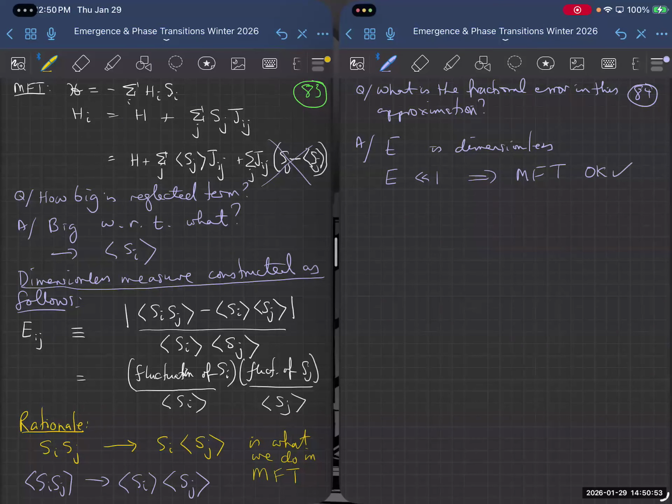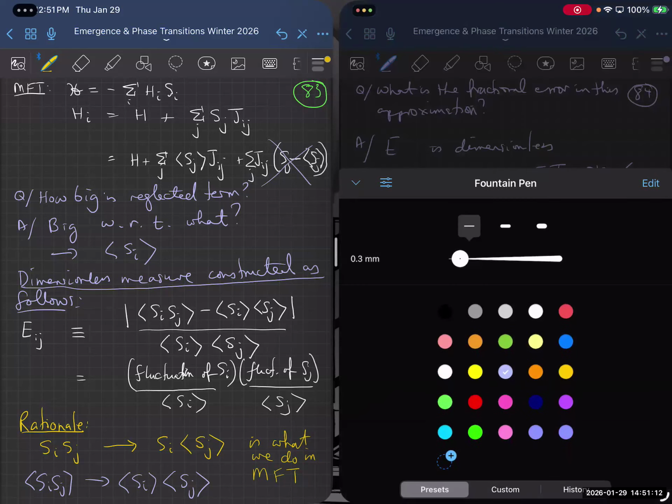So that's good. On the other hand, if E turns out to be much larger than 1, then that means that mean field theory breaks down. So that's bad. So that's the basic idea.